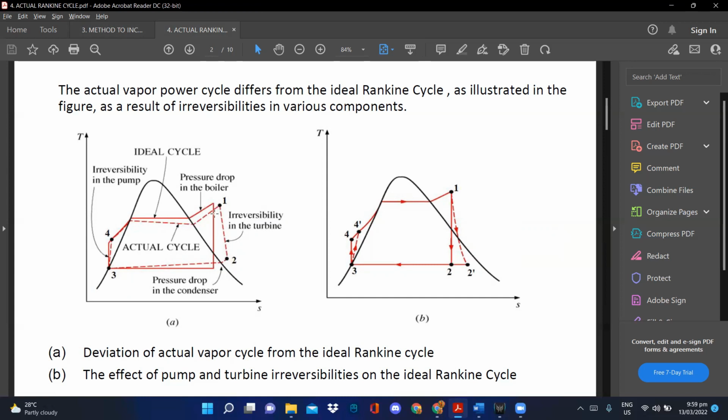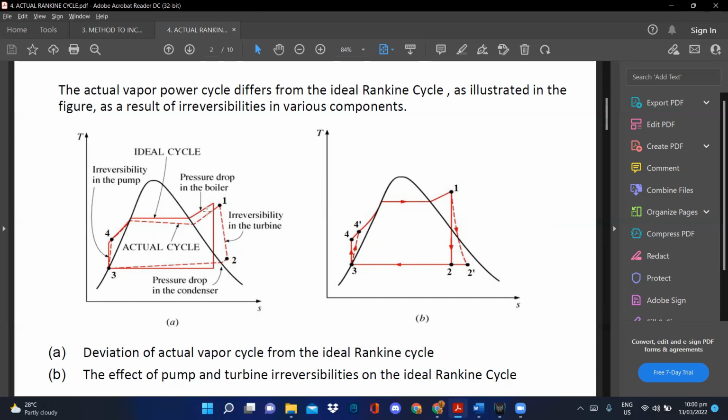Again, in our designing of power plants or other cycles, we are more focused on the actual cycle, because yun talaga yung nangyayari sa tunay na buhay during the practical work.